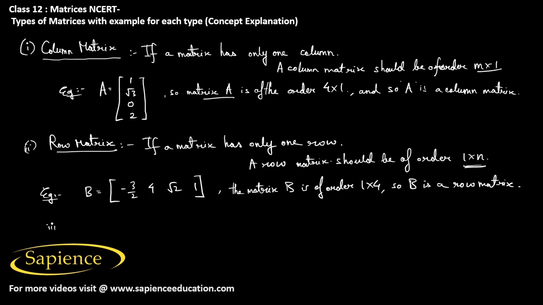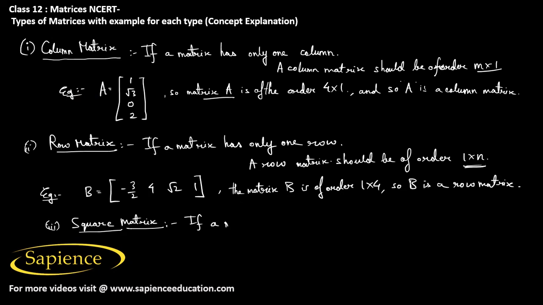Then the next type of matrix is a square matrix. So what is meant by a square matrix? If the number of rows and the number of columns are the same, then it is called a square matrix.